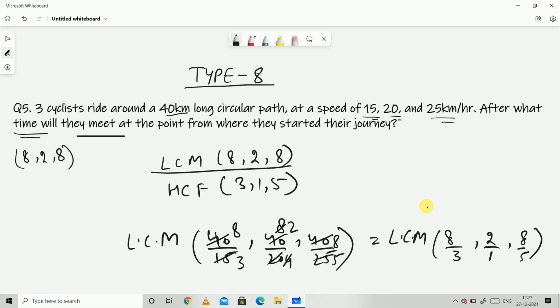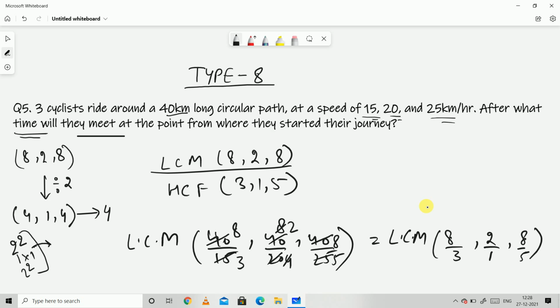By the reduction method, you can divide all 3 of them by 2 and get 4, 1 and 4. 4 can be written as 2 square, 1 is 1 only, and the other 4 is 2 square. We can clearly see that the LCM of 4, 1, 4 is going to be 4.